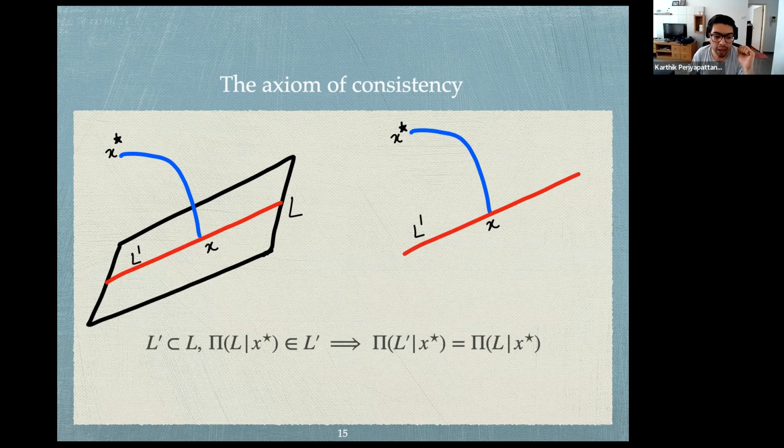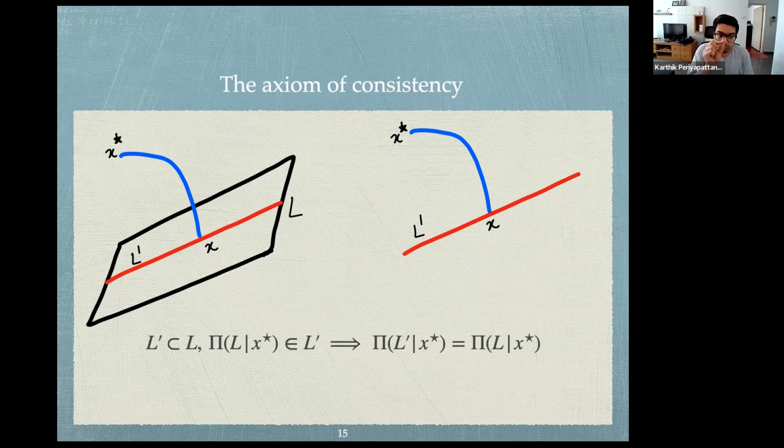First, what is consistency? Consistency means, suppose you have a set L of measurements. Suppose the projection of X star onto L is some X, but that X lies inside a subset L prime. Now, if you strip away everything other than L prime and retain only L prime, and give this L prime to the projection rule, the projection rule should not pick a different vector as its projection.